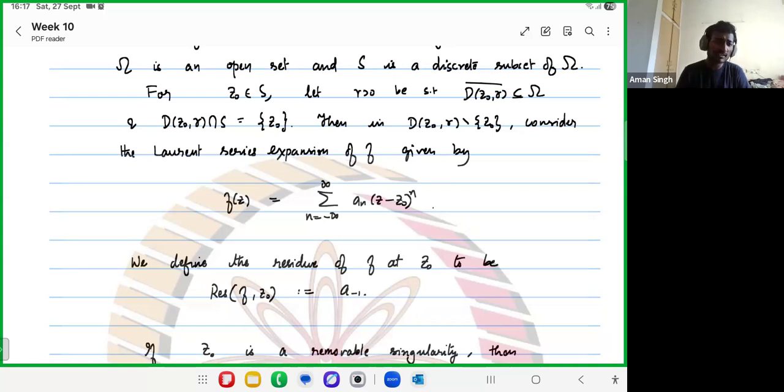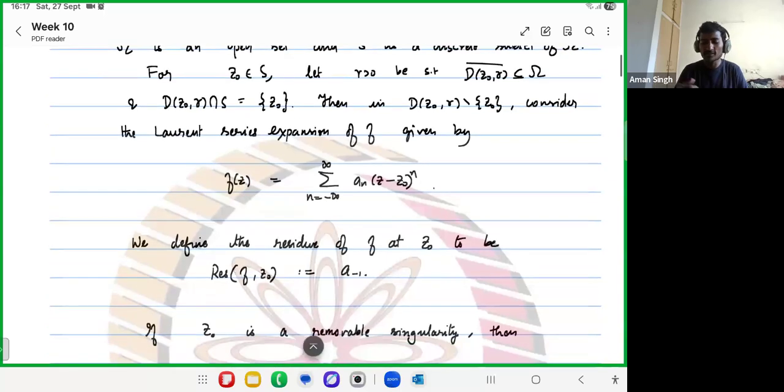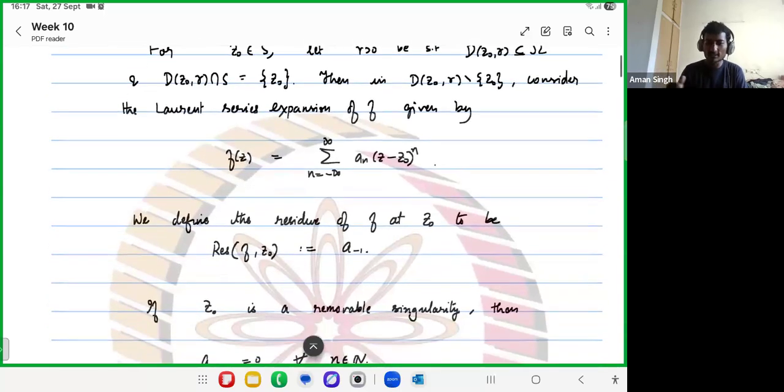In particular, if it was, for example, 10 by z, what would be its integral? It would be 10 times the integral of 1 by z. So the coefficient of 1 by z gives us the whole integral. That is why it is called the residue at that point. Okay, so that's the argument. You can listen to it later.